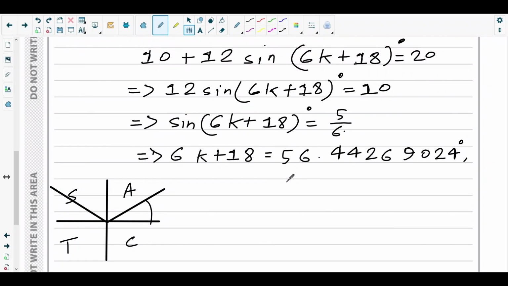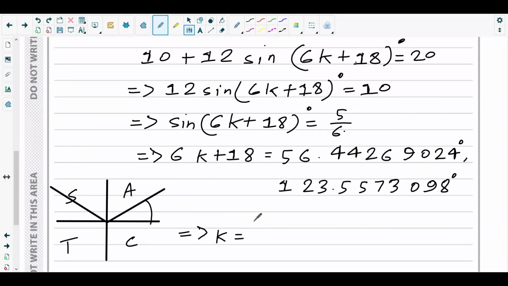That is 180 minus the answer in the calculator, which gives 123.55730976 degrees.